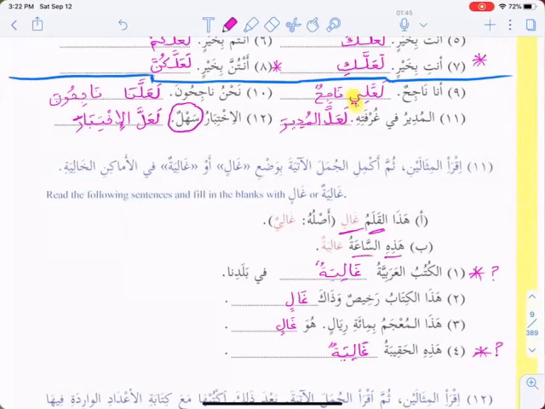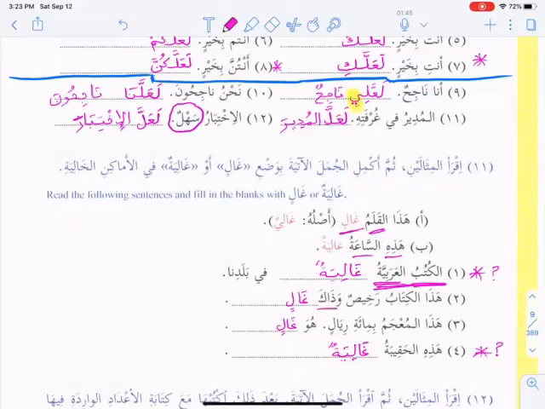Al-kutubul arbiyatu. I have put a star here to point out to you. Shall I put galin or galiyatun? If you put galin, it's wrong because al-kutubu, kullu jama monas, is a monas. And this is the nat. Al-kutubul arbiyatu galiyatun fi baladina. They are expensive in our country.